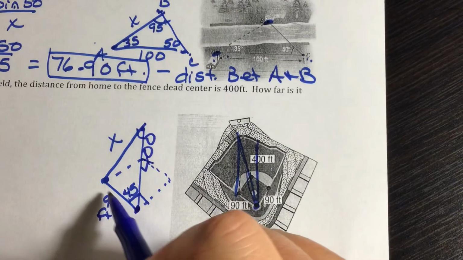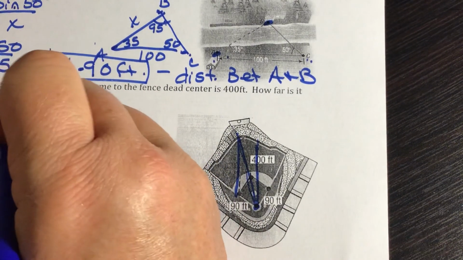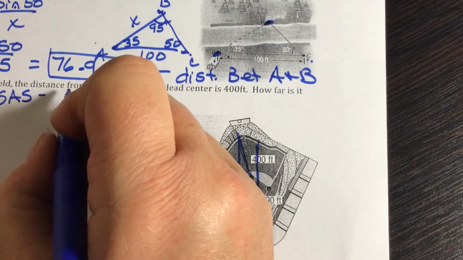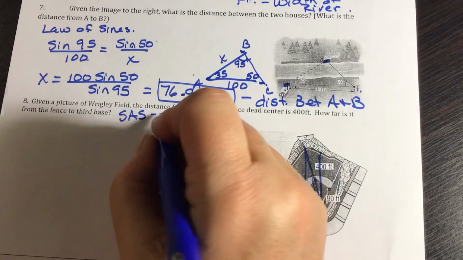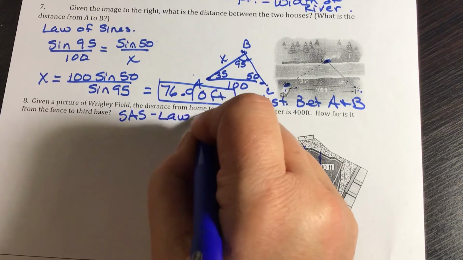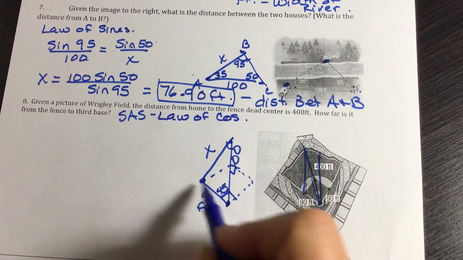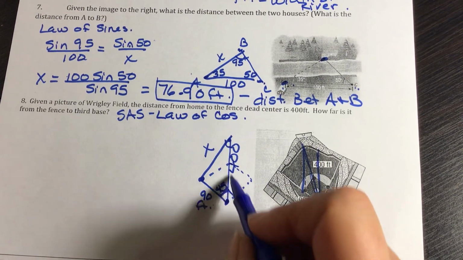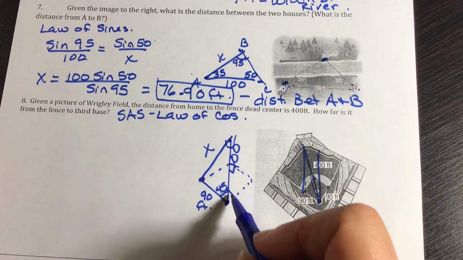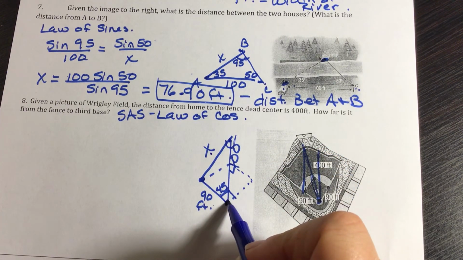So I have a side, an angle, and a side, which means I'm going to do law of cosines. I'm going to zoom back out. Okay, so I have 90 feet, a 45-degree angle, and then this is 400 feet. And I want to find the side opposite of my 45-degree angle.